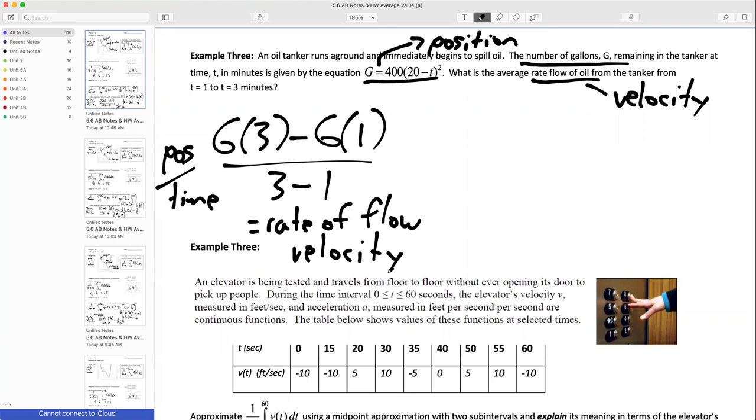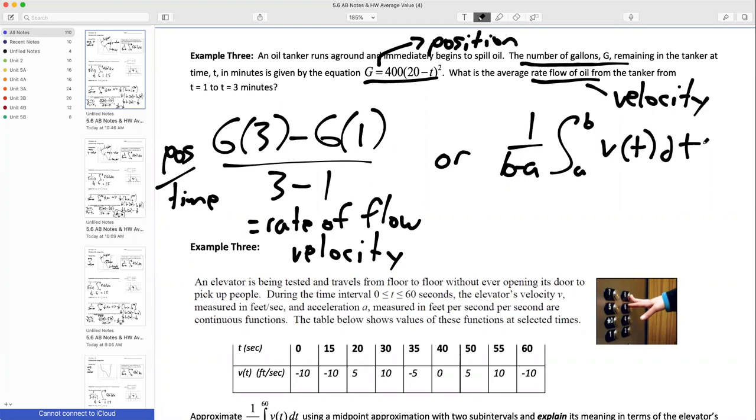Or I could do the average value of the velocity, which would be 1 over b minus a of the integral from, I wrote that wrong, a to b of v of t dt.